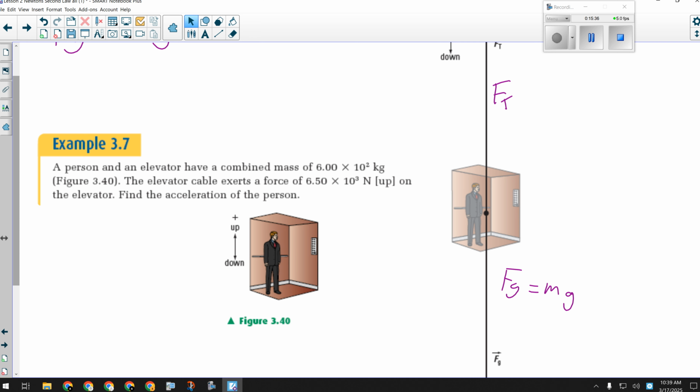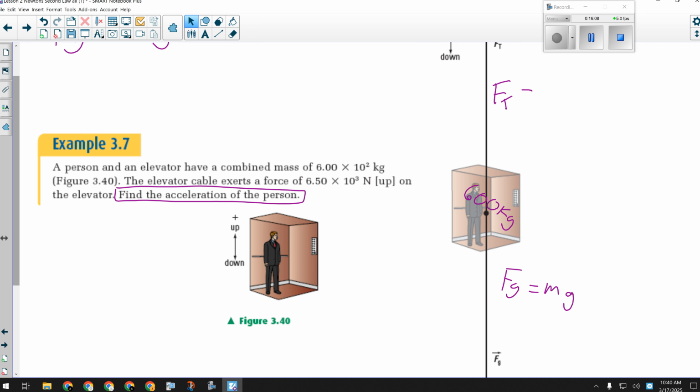So in this particular question, we want to find the acceleration of the person. Would that also be the acceleration of the elevator? It would, because they're going together. The elevator and the person have a combined mass of 600 kilograms. The elevator cable is exerting a force of 6.5 times 10 to the 3 newtons up on the elevator.